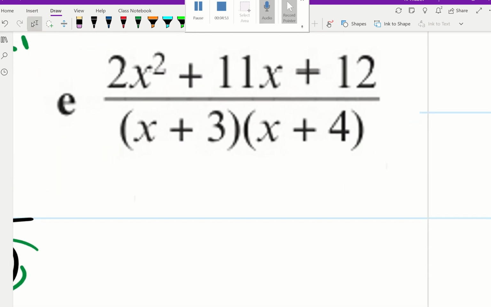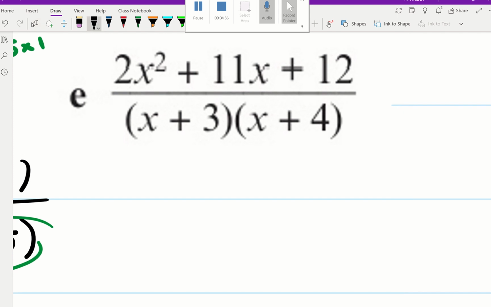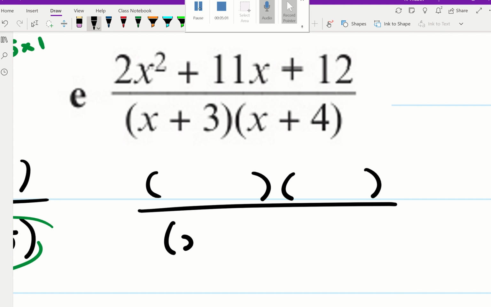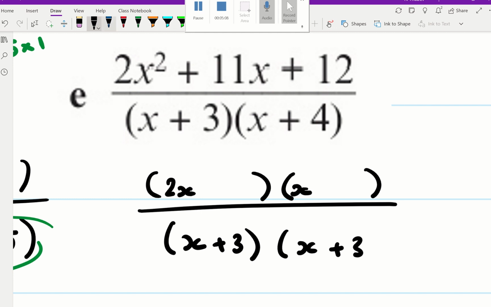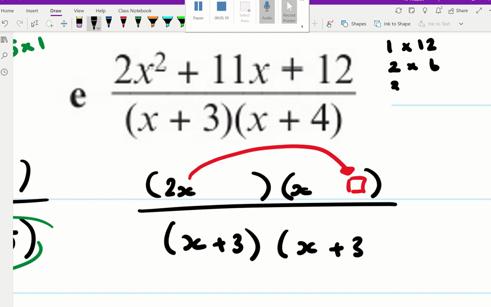And it's the same thing here. I've got to factorize the top, the bottom is already factorized. So I want 2x and x. Whatever I put here is going to be doubled. So the factors of 12: 1 and 12, 2 and 6, 3 and 4, and it has to be one of those. But which one is it going to be? I want to make 11x.